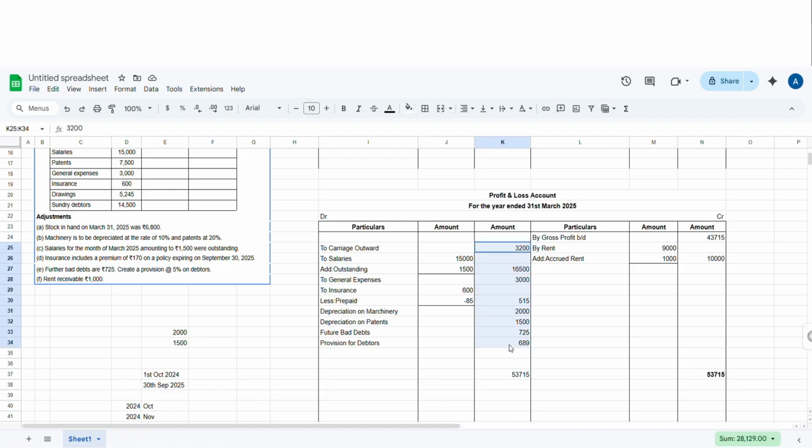After deducting all the debit side amounts, it is 25,586. To net profit carry down.